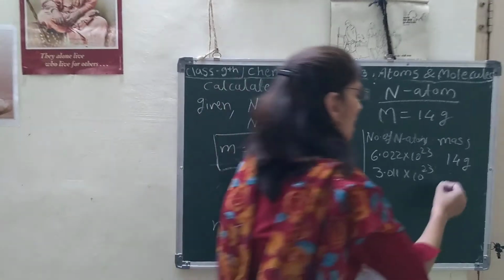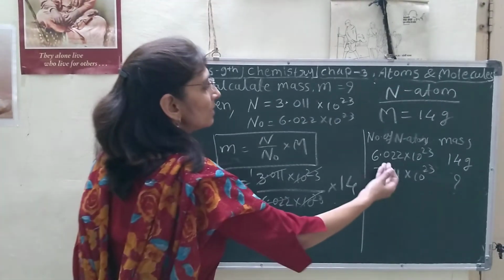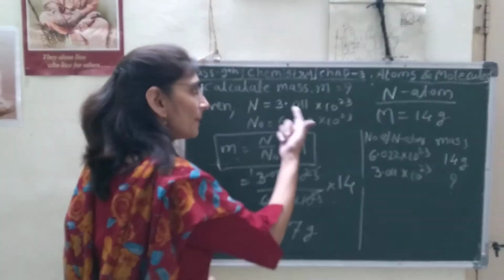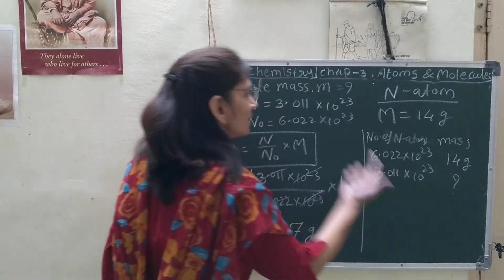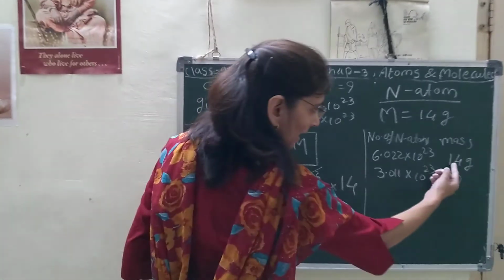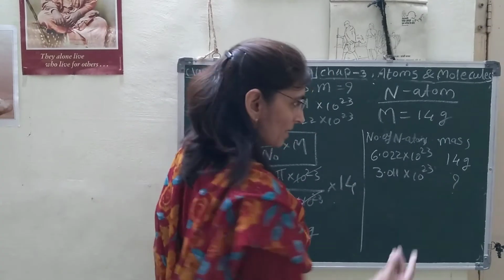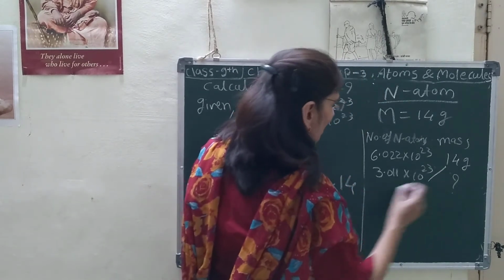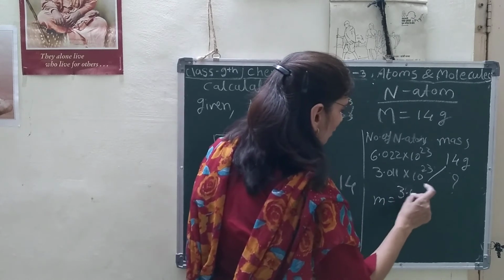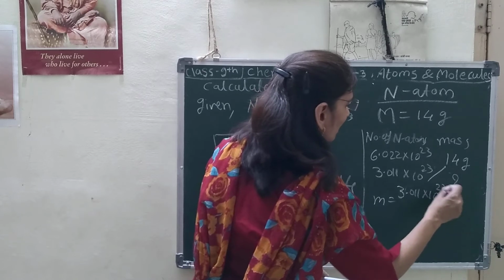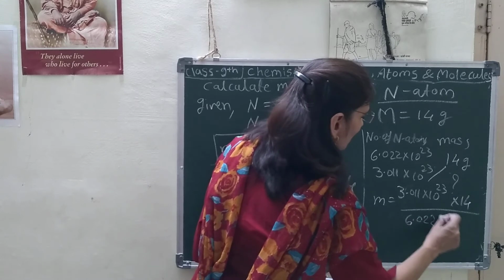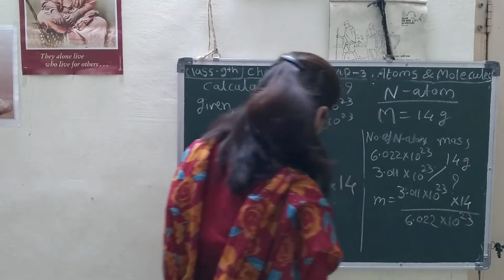So how much mass? Understood? This is the standard for 1 mole: the mass is 14 gram and the particles are this many. So now how many particles are given? 3.011 into 10 to the power 23. These are the given particles. So how much will be the mass? For this many particles there is this much mass, so for this given number of particles how much mass? That is the unitary method. So we have to calculate here. m is equal to 3.011 into 10 to the power 23 multiplied by 14 upon 6.022 into 10 to the power 23. Just now we have calculated here.